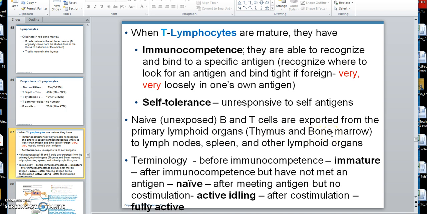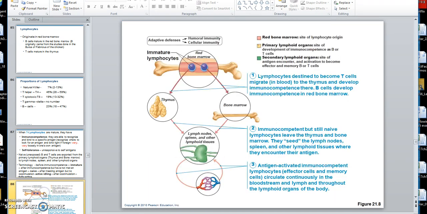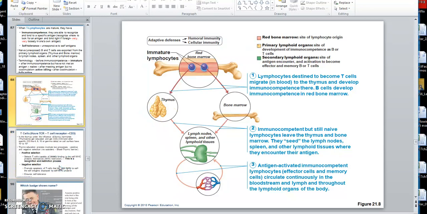The primary lymphoid are where it gets educated. Remember, secondary are where you go to after it's become educated to populate the thymus gland, tonsils, stuff like that. So this is a nice little drawing to show you leaving the bone marrow, being educated in the bone marrow, and then going to work in some of these secondary, or being educated in the thymus gland. You can read on that.